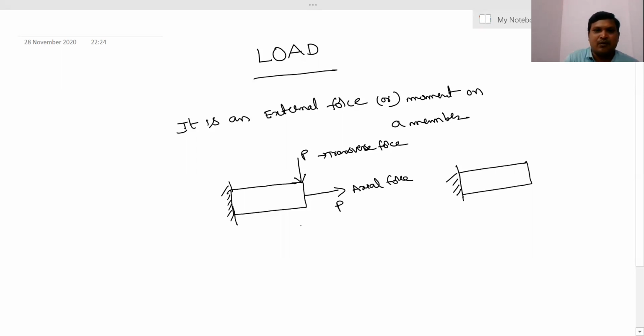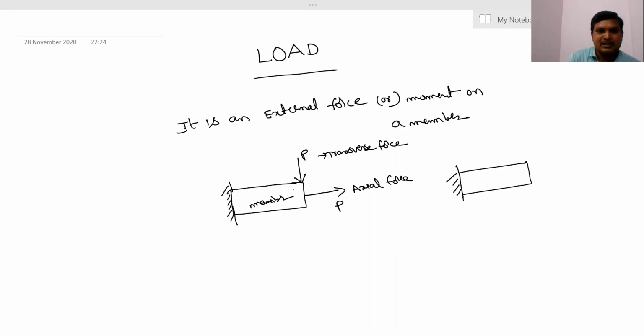So the external force on a member, this is a member. On this member, you can apply the force maybe in the y direction, the force may be in the x direction, the force may be in the z direction. So the y direction force is called a perpendicular force or transverse force. Technically, we call it a transverse force. And the x direction force we call an axial force.